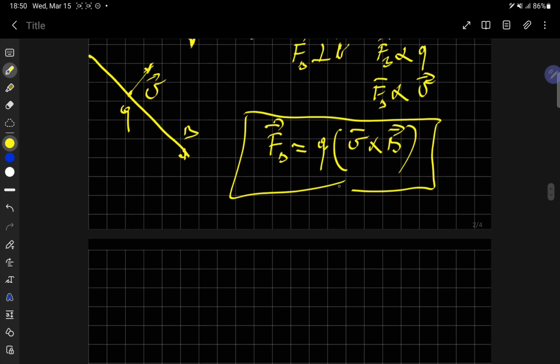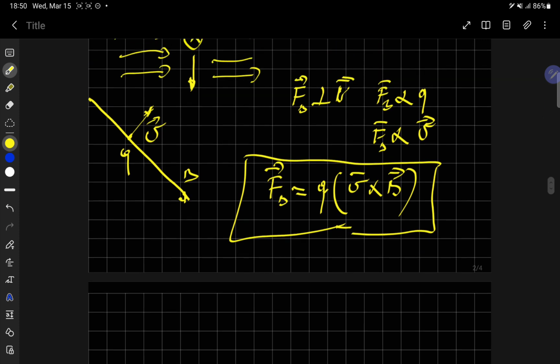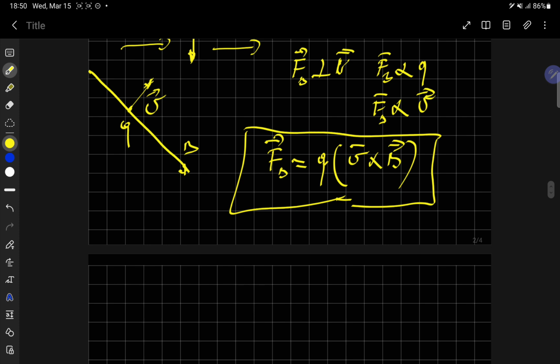Of course, after that they had to verify it with some measurements, and this is how they derived the formula for the magnetic force. This is the Lorentz force.